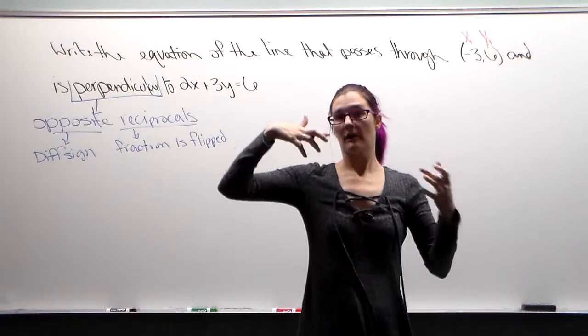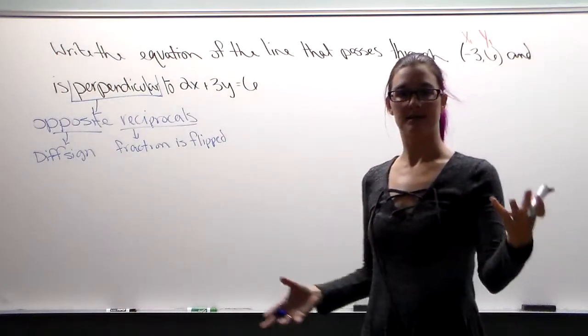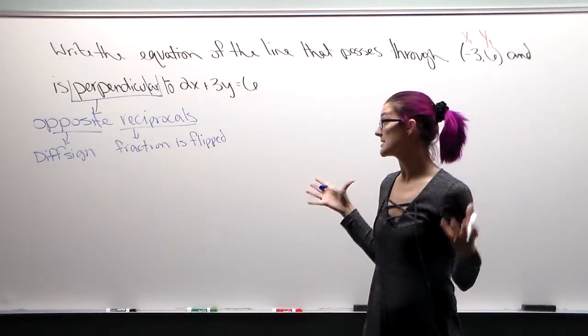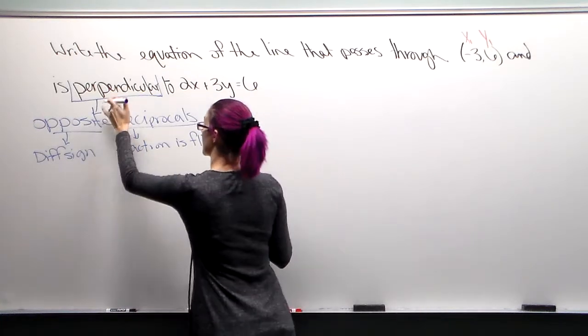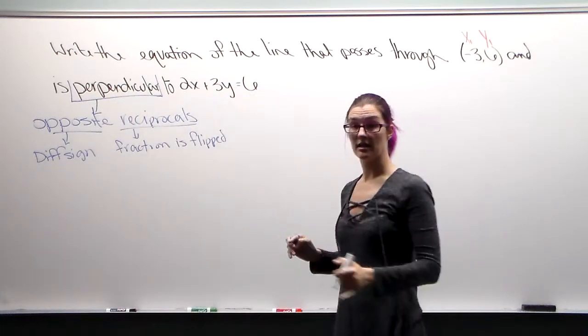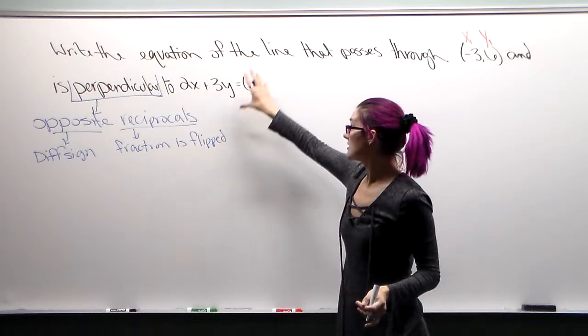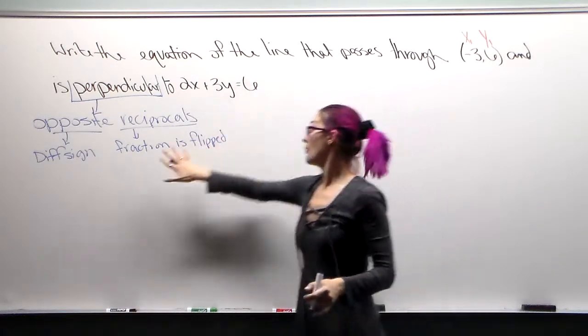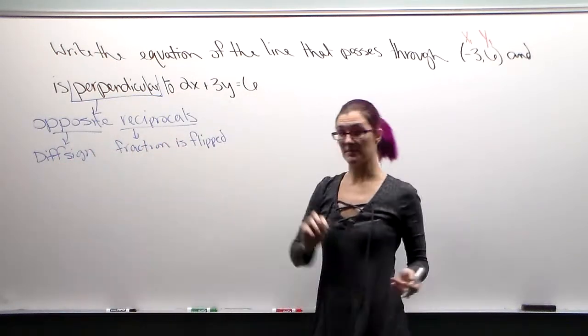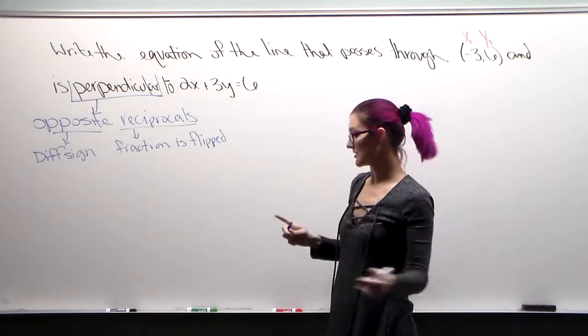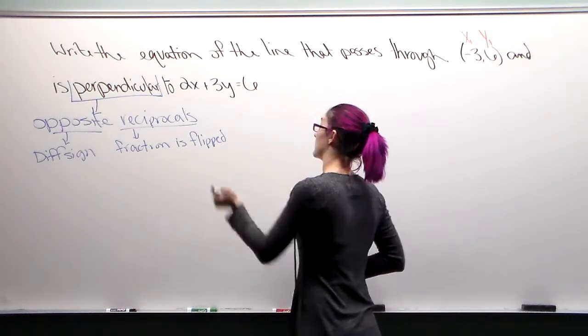Such as negative 1/2 versus positive 2/1 would be opposite reciprocals. Since they tell us it is perpendicular to this line, whenever we find the slope of this line, we are going to have to change the sign and flip the fraction to make it an opposite reciprocal. So that's what we're going to do.